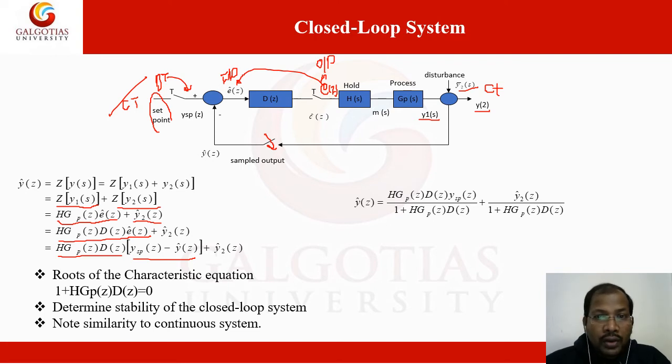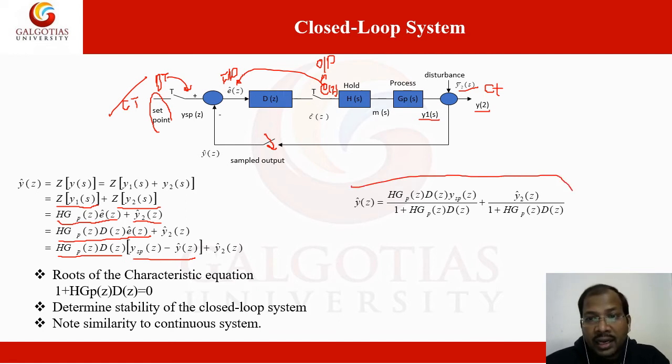We want to calculate the transfer function Y cap(Z), so we put it in this equation. Y cap(Z) is equal to HP(Z) D(Z) YSP(Z) divided by 1 plus HP(Z) D(Z) after simplification, plus Y2(Z) divided by 1 plus HP(Z) D(Z).